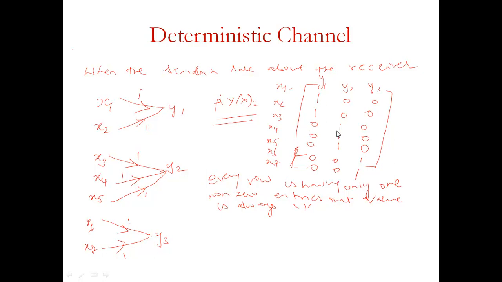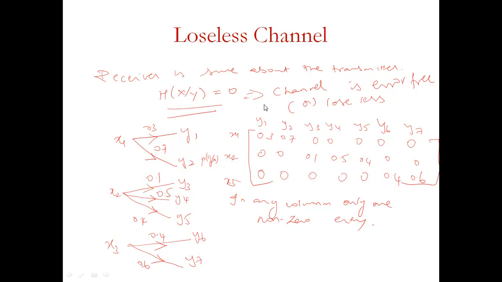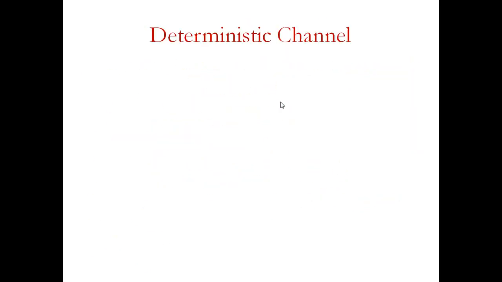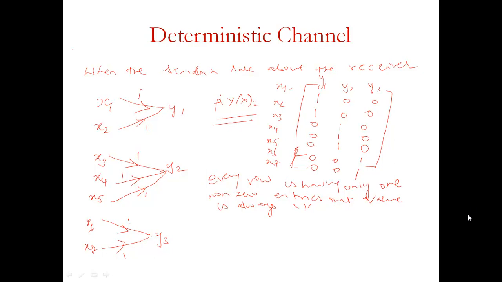Take the third row, only this is non-zero and its value is always 1. So you can easily understand the difference between the lossless channel and the deterministic channel. In the lossless channel the receiver is sure about the transmitter; in the deterministic channel the sender is sure about the receiver. So in the lossless channel every column has only one non-zero entry, whereas in the deterministic channel every row has only one non-zero entry.